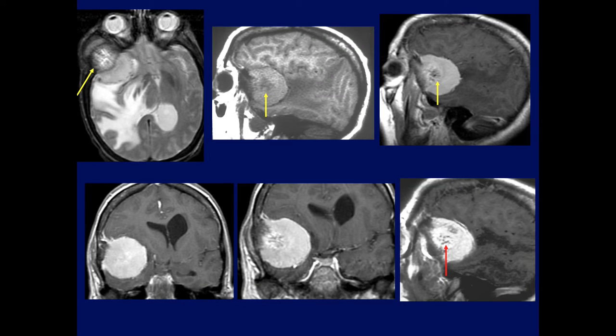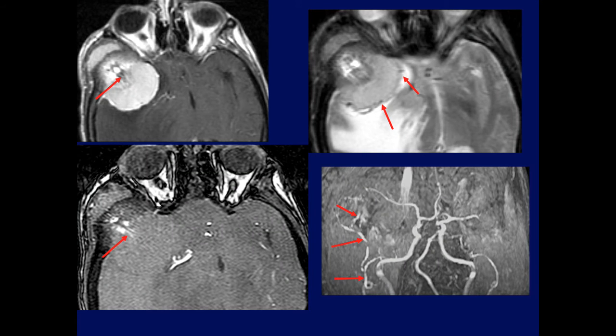And here's another pterional meningioma, again quite large, with some involvement of the bone that I'll talk about a little later. Again, notice that in this meningioma, we see the vascularity coming off the middle meningeal. Here are these striations. These are the middle meningeal branches supplying the tumor.